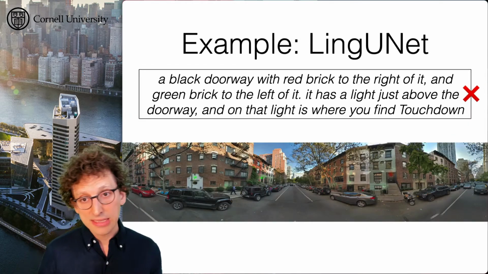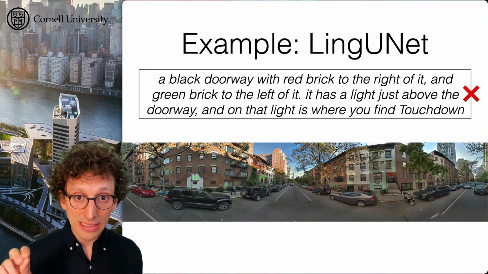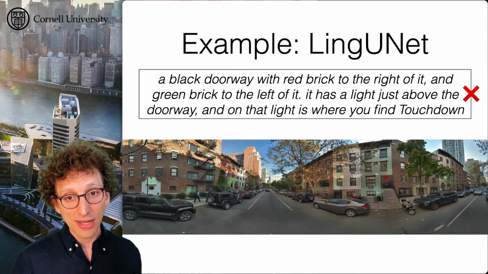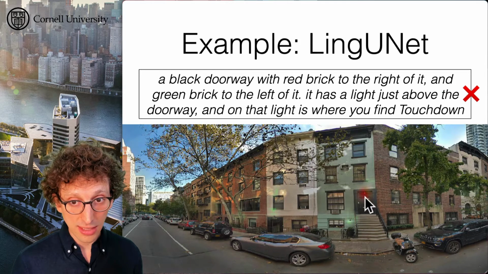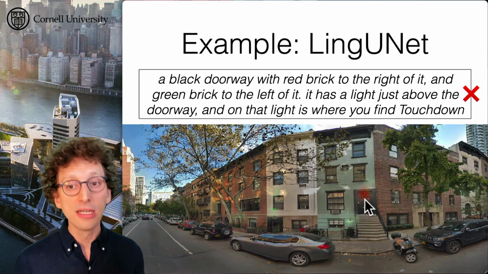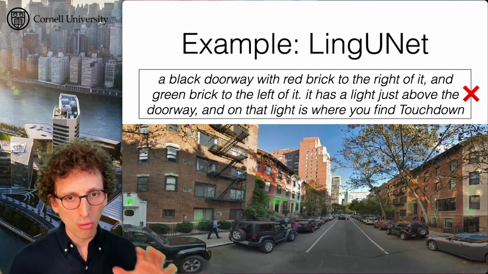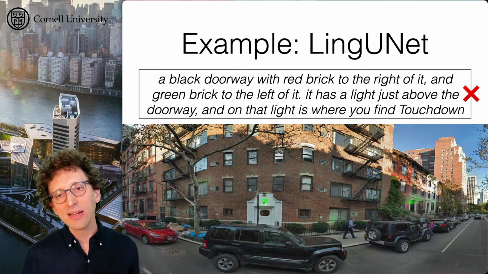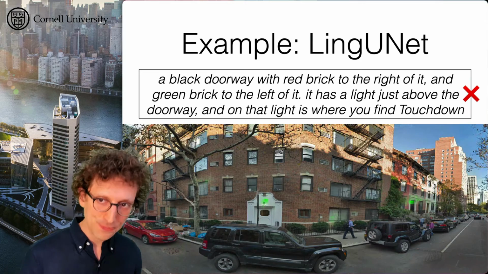However, in this complex example, where the location of Touchdown is relative to a doorway, LingoUNet fails. The correct solution is here, the correct location. But what LingoUNet actually does is distribute the probability across all kinds of doors it sees in the environment, and it shows that it's really unable to account for the full compositionality in language.